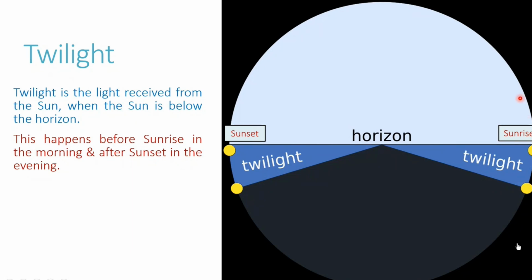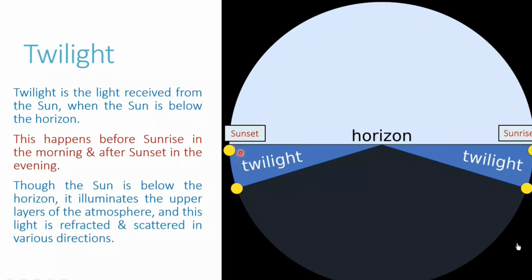And when the sun goes on the western horizon, you can see in the diagram, the sun sets at this particular instant, and after setting, we keep on receiving the light which is called twilight when the sun is in this dark blue color sector. So in this sector, we receive the twilight in the evening.